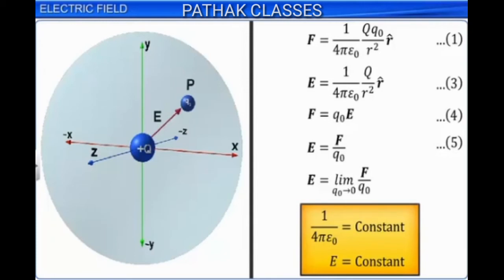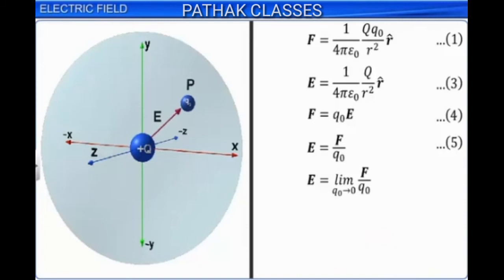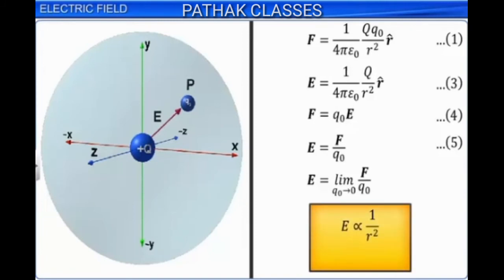Hence, the electric field strength E at any distance r from the source charge q is independent of the test charge q0. It varies with r cap and is inversely proportional to r square. The electric field at any point in the electric field is finite and is 0 only when distance r is equal to infinity.